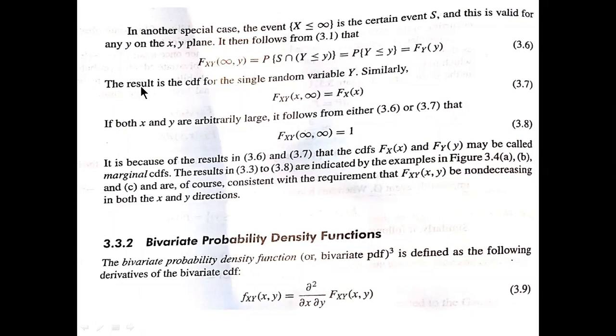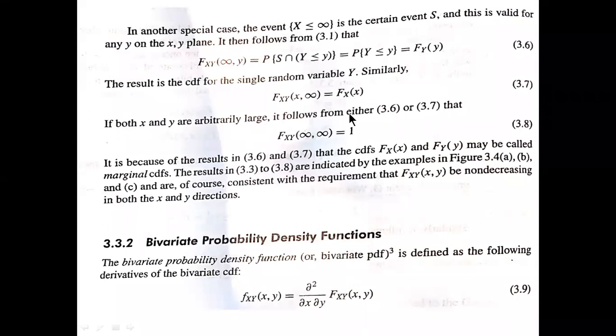So in that sense, the result is a CDF for the single random variable y. In a similar way, you can write f of xy x comma infinity is equal to fx of x. These two are known as marginal CDFs.